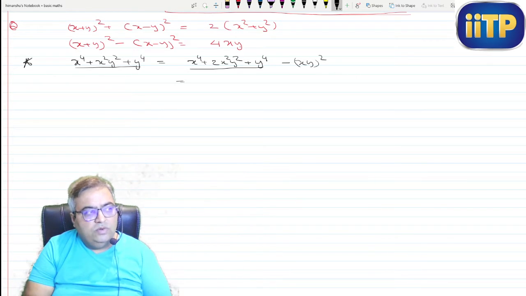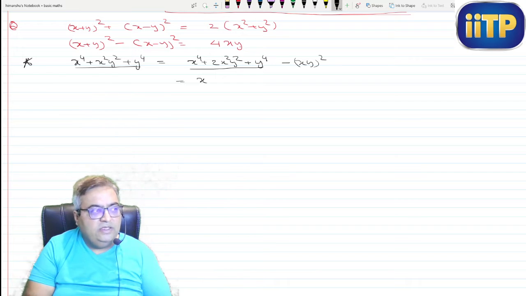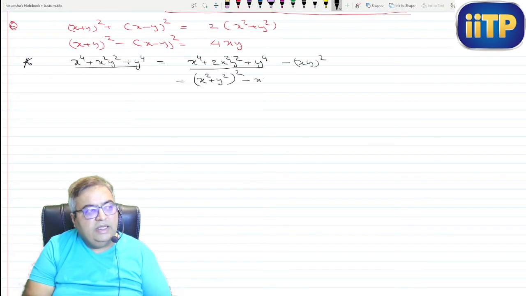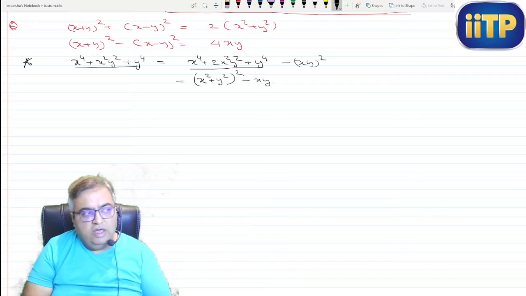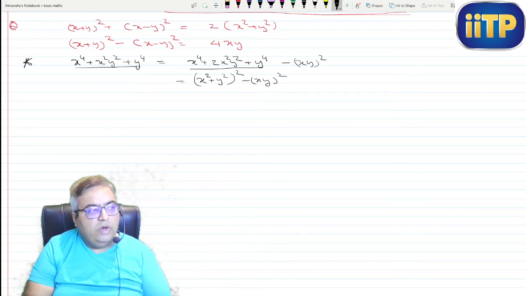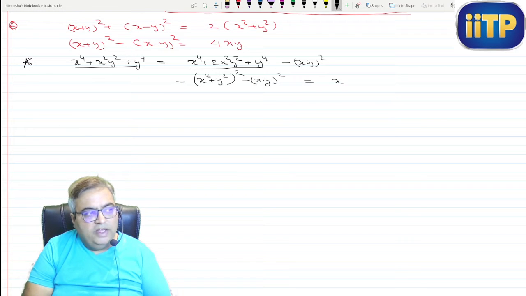Now you can see here it is a perfect square: a square plus 2ab plus b square, but in place of a it is x square, in place of b it is y square. So I can simplify it as (x square plus y square) whole square minus (xy) square. So it can be further factorized, as it is of the form a square minus b square.